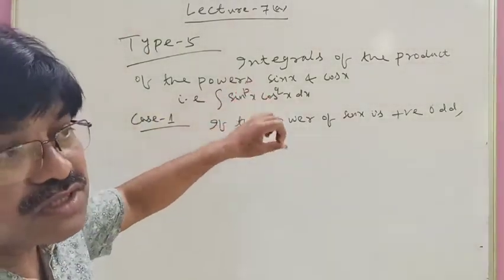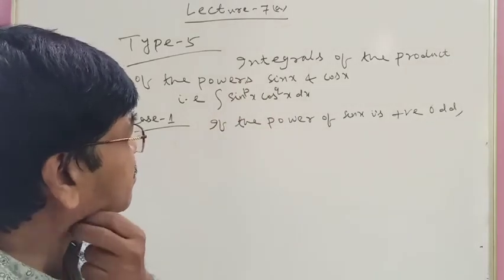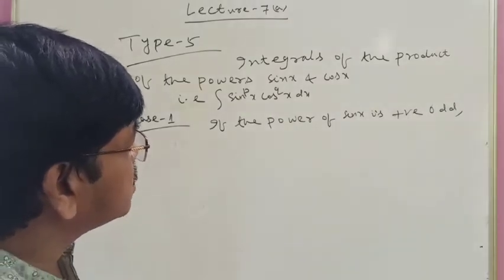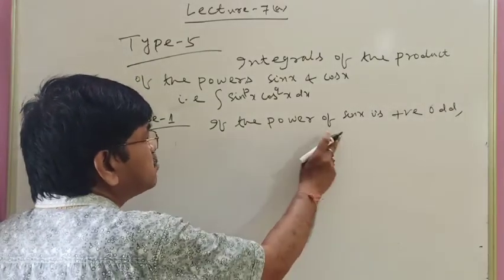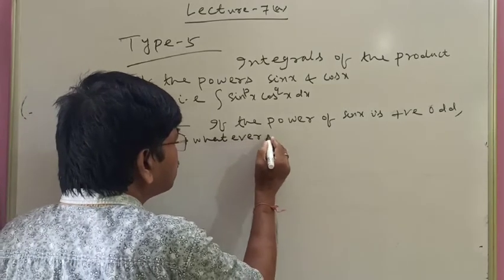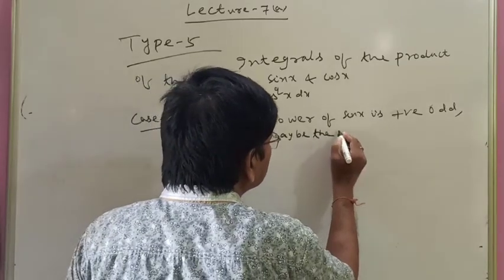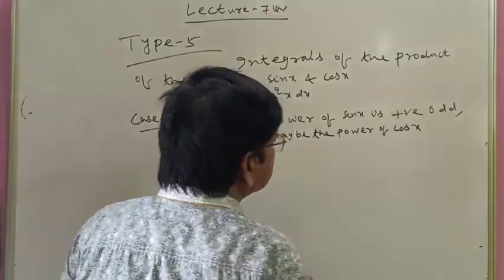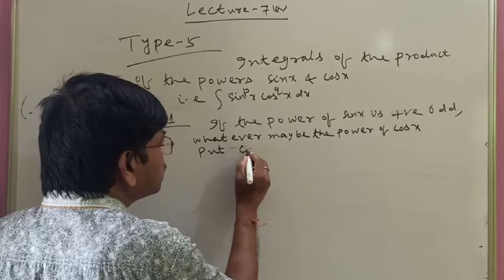So what is the power of cos x? Whatever may be the power of cos x. Cos power may be even, may be fraction, it can be anything. So put cos x is equal to t.